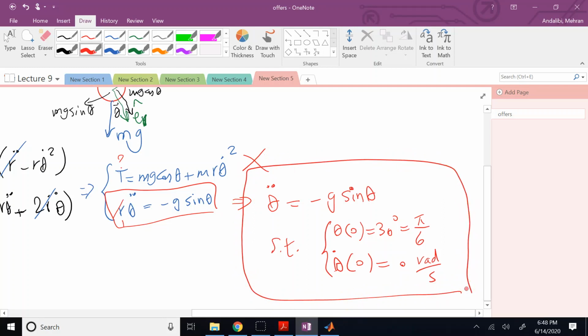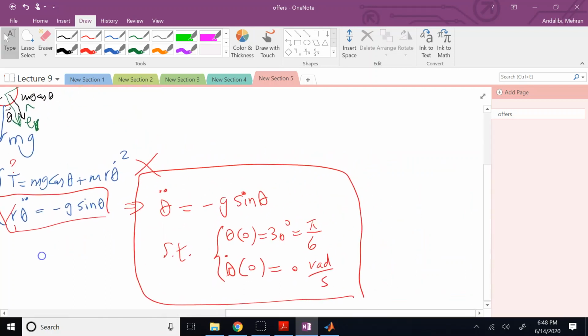Now, first of all, when I solve this one, what does it give me? When I solve it, it gives me theta versus time. It gives me this.